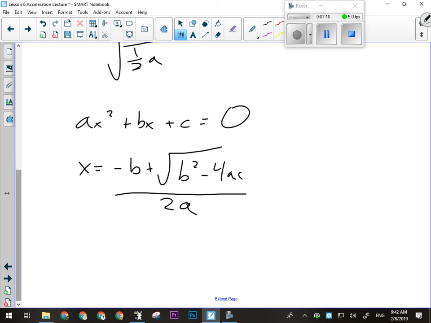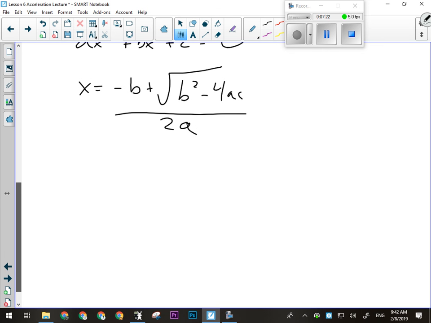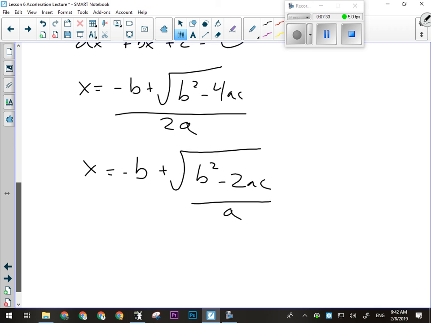Then I'm going to, sorry, I got ahead of myself, looked at the next step. Then I'm going to further modify this with the 4 and the 2. So I will have X equals negative B plus the square root of B squared minus 2AC over A. Now what I do is I substitute in the actual letters from the formula.